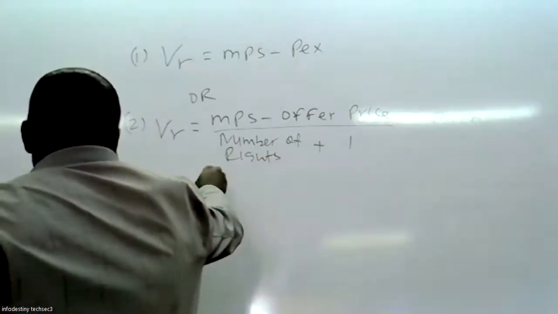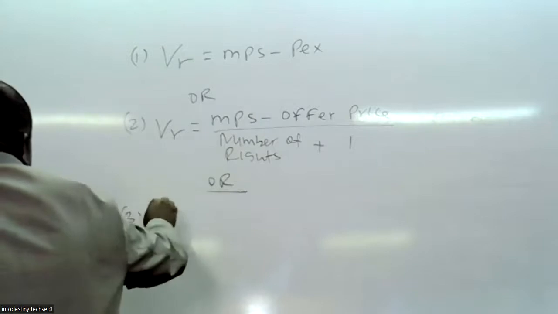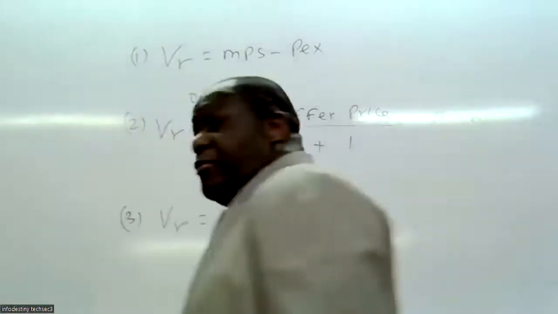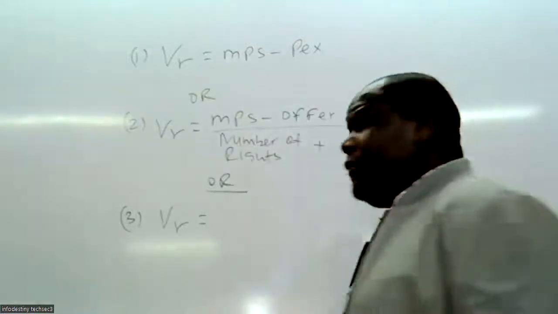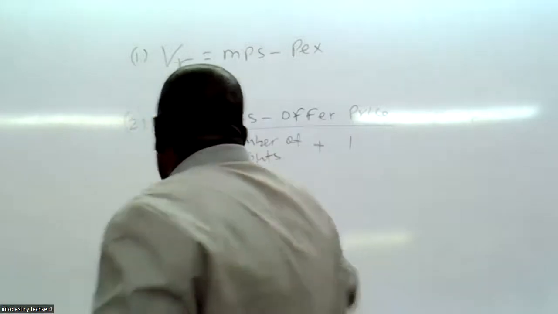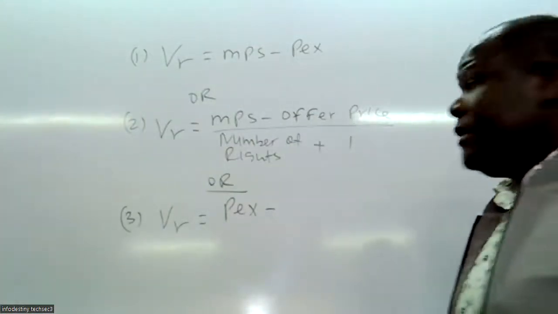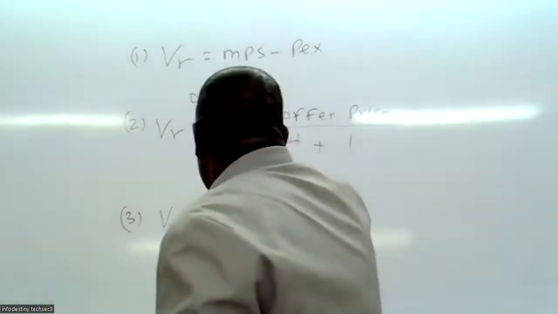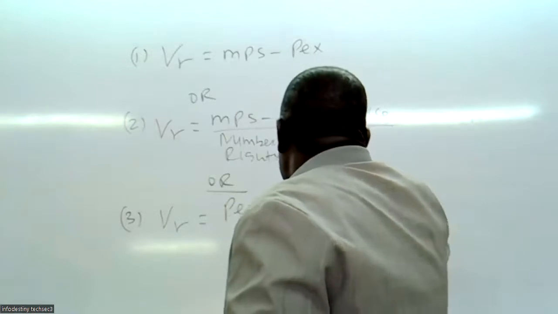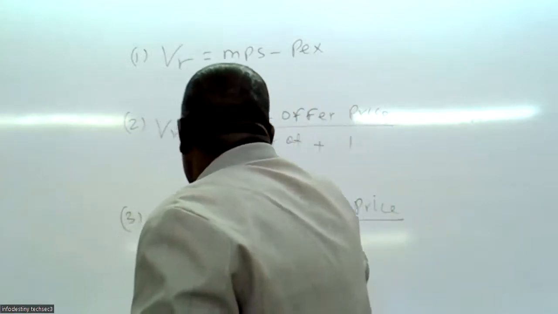Alternatively, to compute the value for the right, it will be given by the theoretical ex-right price, then we subtract the offer price, then we divide by number of the rights.